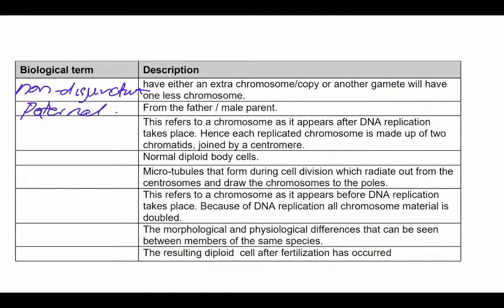Which term refers to the chromosome as it appears after DNA replication takes place? Hence, each replicated chromosome is made up of 2 chromatids joined by the centromere.